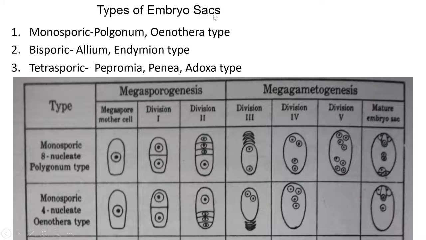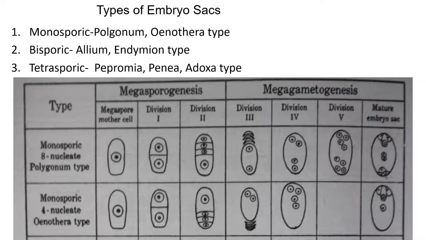Normally, the embryo sac develops from a single functional megaspore, and the condition is known as monosporic development. But sometimes the megaspore mother cell, instead of developing into a distinct single functional megaspore, has its 4 haploid megaspore nuclei suspended in the cytoplasm and contributing to the development of the female gametophyte.